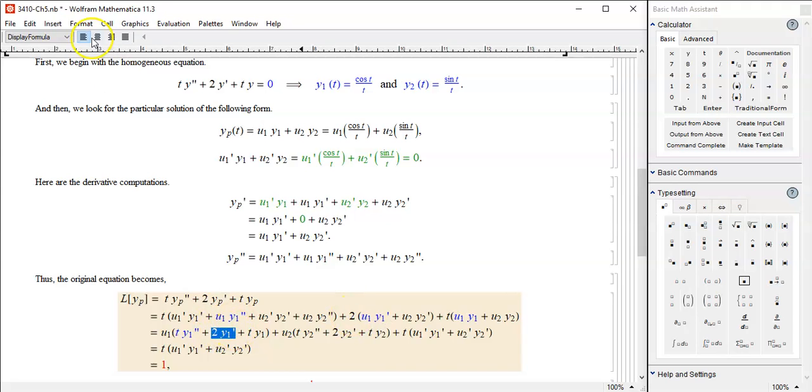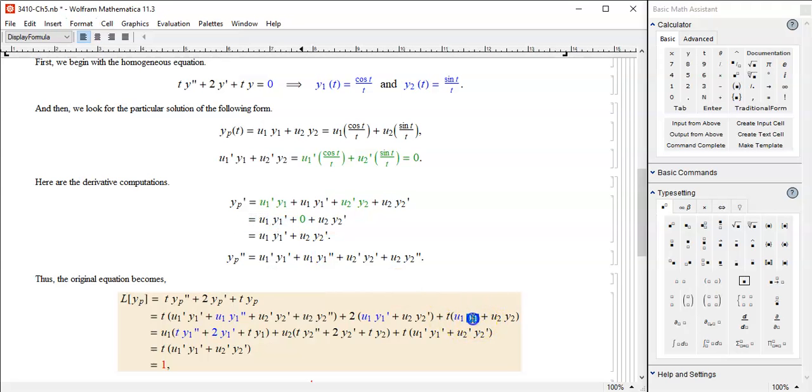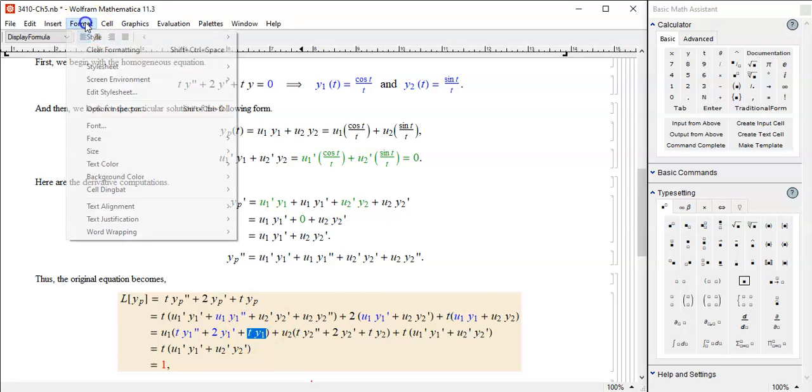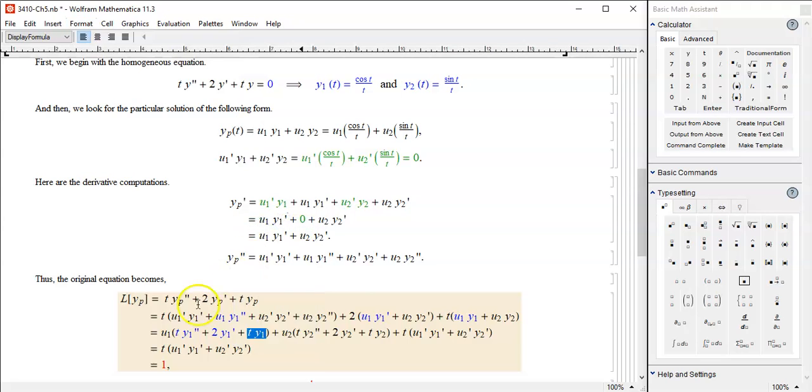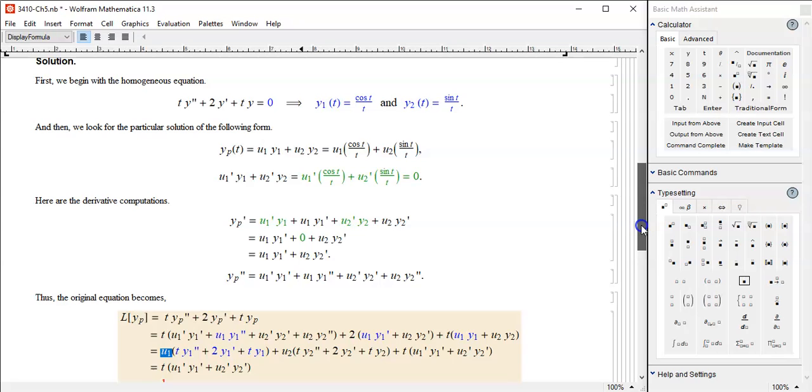So it's this one. And how about this? y1 times t. While u1 is common to everything. Look at this blue part, the coefficient of this u1. t y1 double prime plus 2y1 prime plus t y1 is equal to 0 because y1 is the solution of the homogeneous equation.